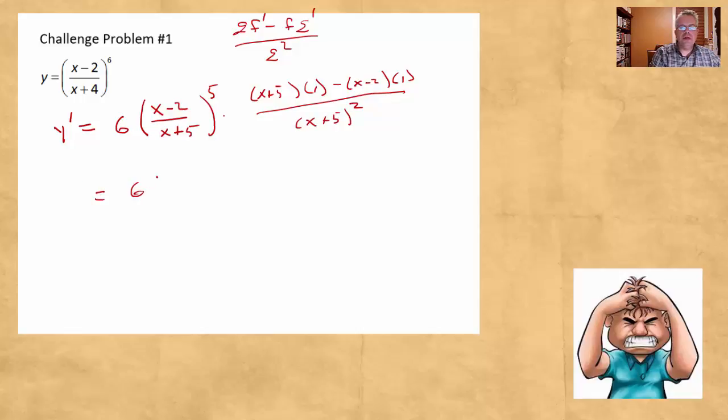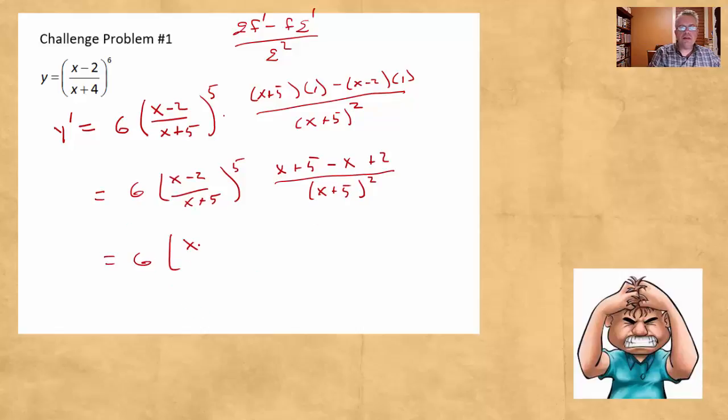Okay, we got this. So 6 times x minus 2 over x plus 5 to the 5th. All right, when we distribute, we have x plus 5 minus x plus 2 over x plus 5 squared.